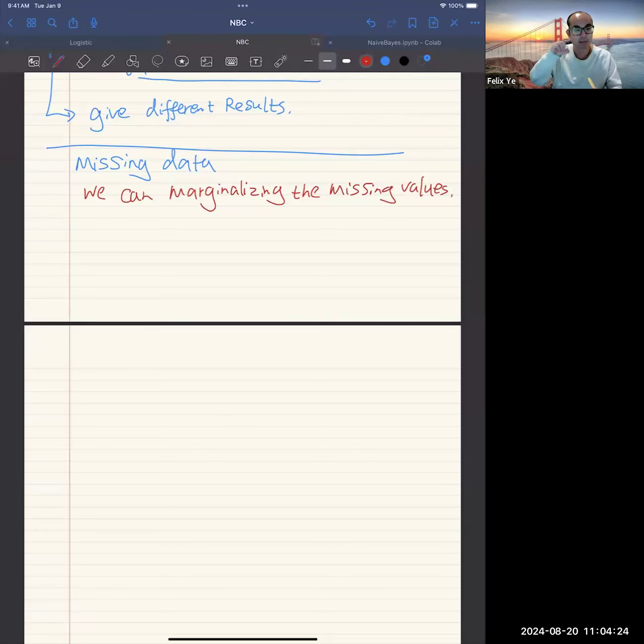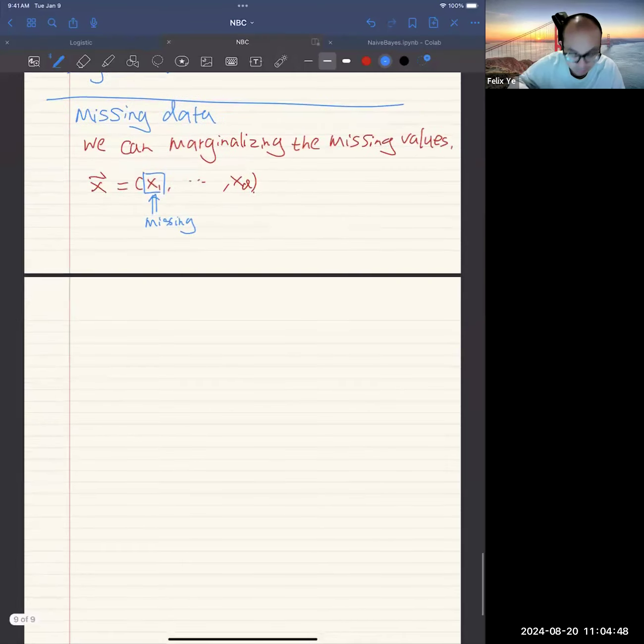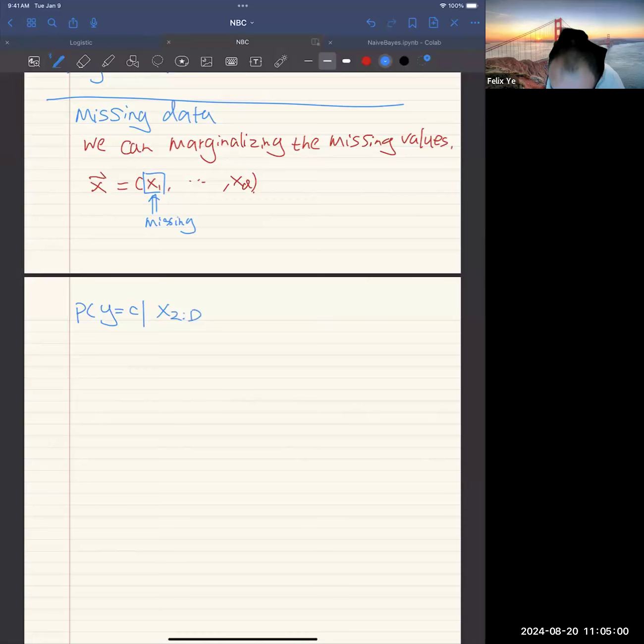So what does that actually mean? For example, if we have a feature vector x, which is x1 to xD, but the first one, x1, is missing. Basically, we can still do all this kind of calculation: the probability y equal to c, conditional on x2 to xD and theta.